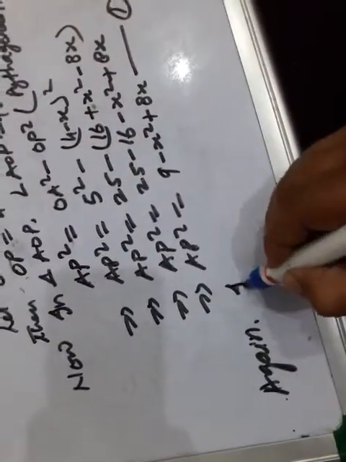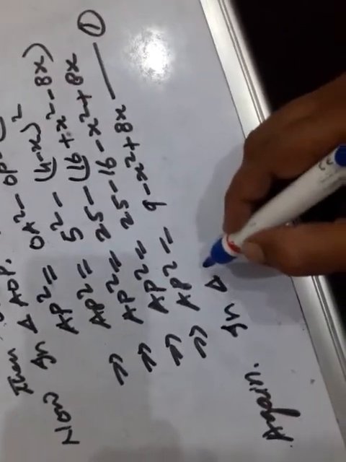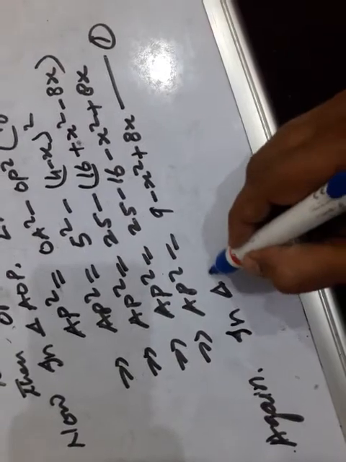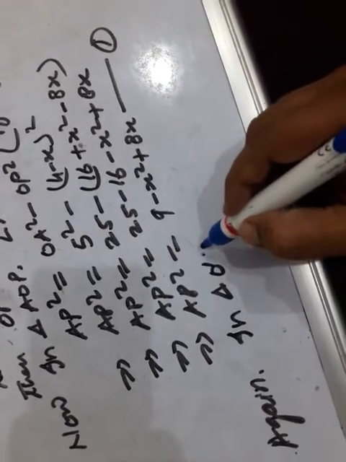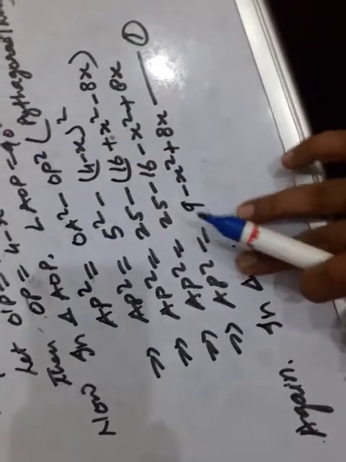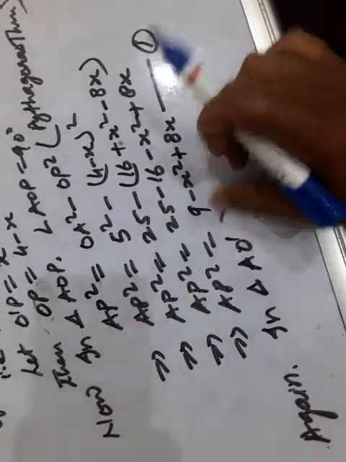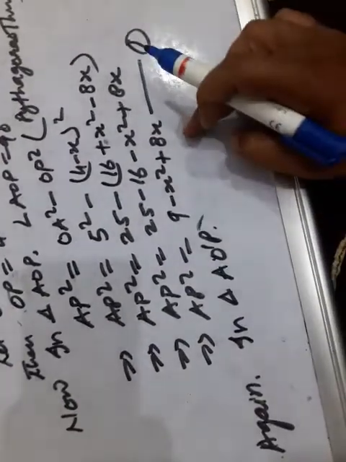Again, in triangle O dash PA. First we had taken triangle AOP, now AO dash P. Let us see again. This is the value of AP square.